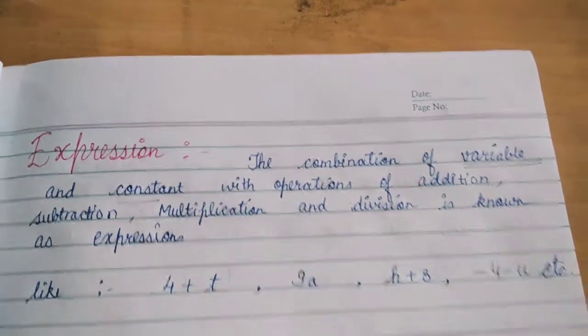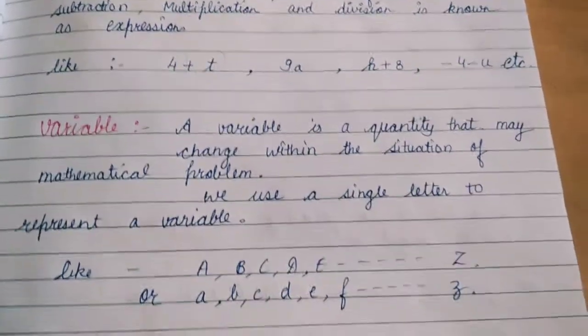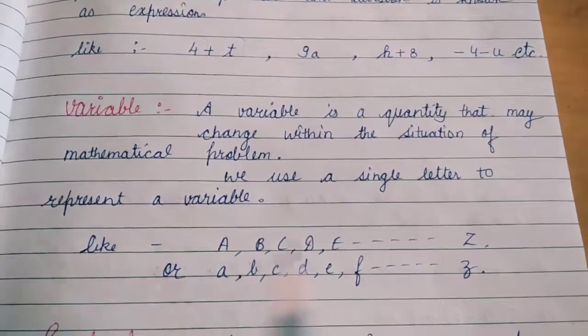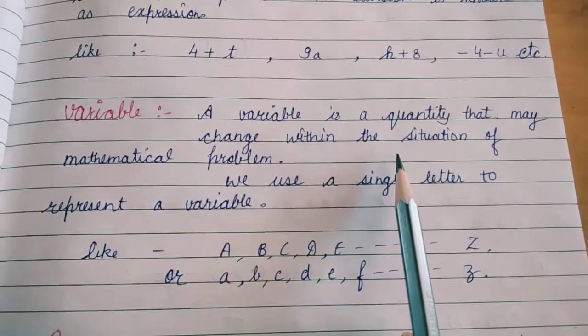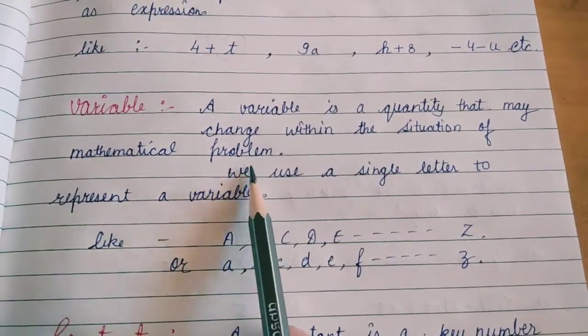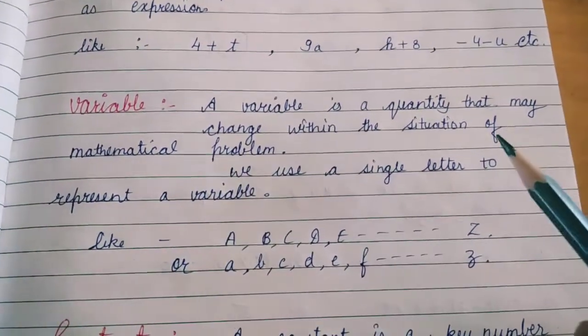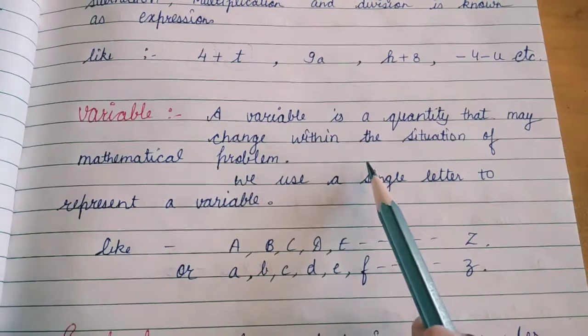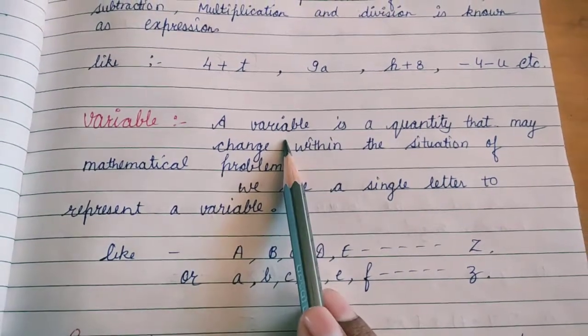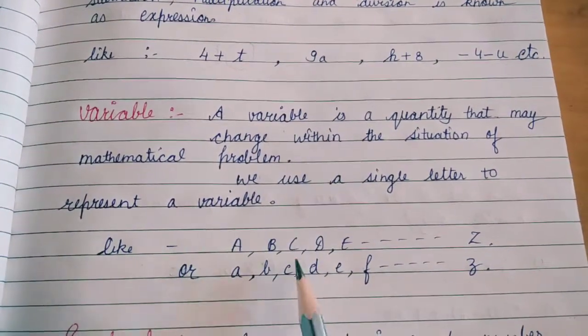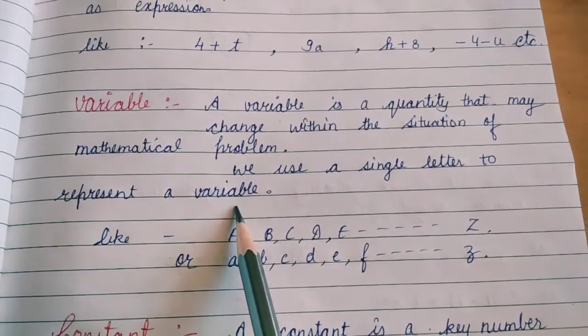In the definition of expression, we saw two words, variable and constant. So what is a variable? A variable is a quantity that may change within a situation of a mathematical problem. So by the situation, the value which is changed is known as a variable. We use a single letter to represent a variable.